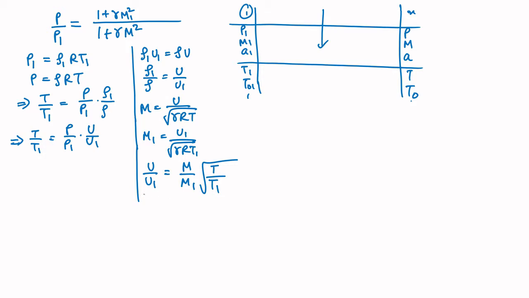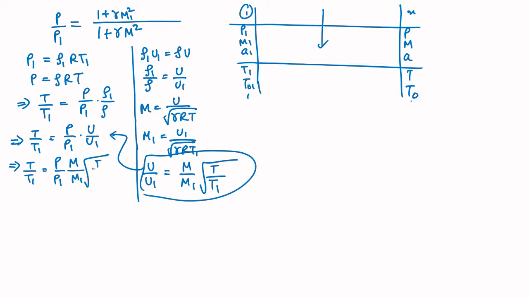Okay. Now you can substitute this full thing to here. This gives T by T1 is equal to P by P1 times M by M1 times square root of T by T1, and this implies T by T1 is equal to P by P1 times M by M1, all square.